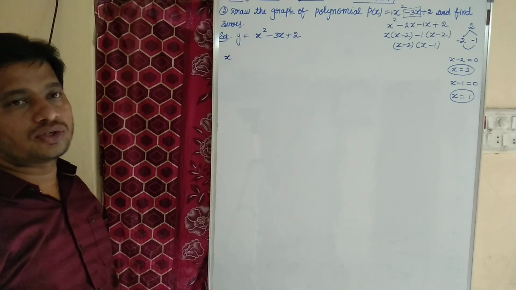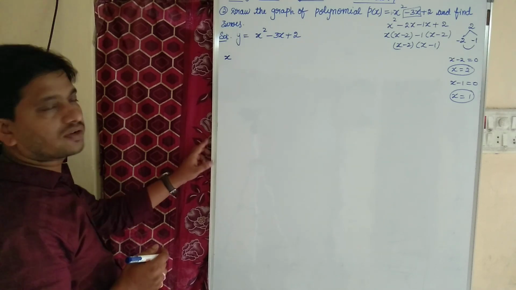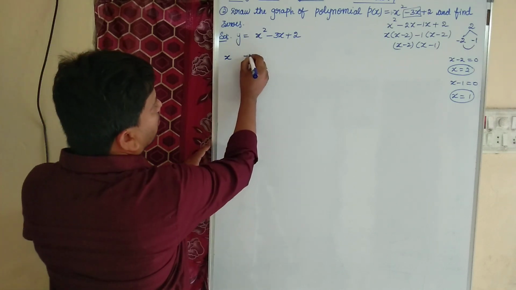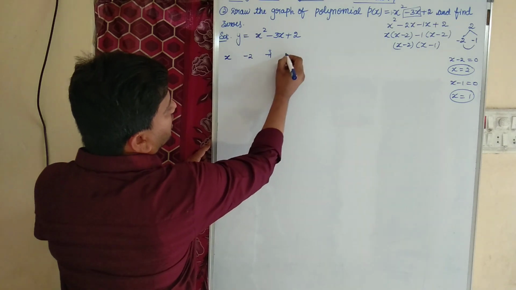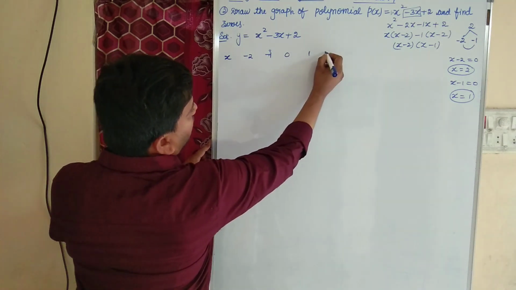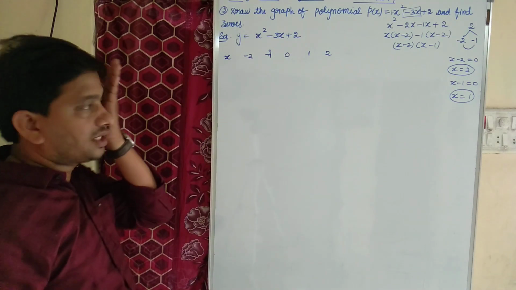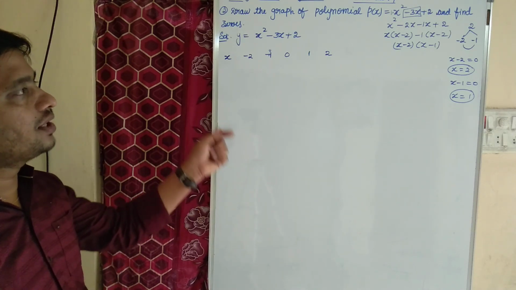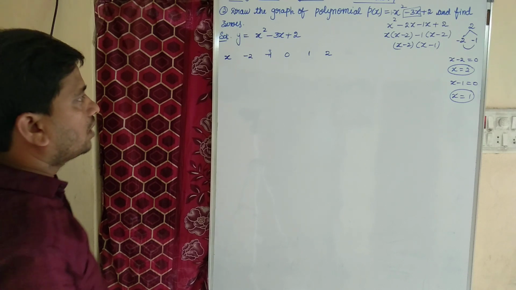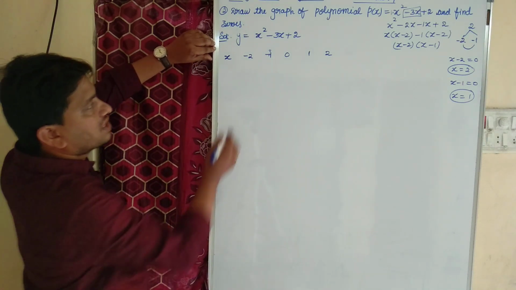Okay, children? So, let us take the values of x: minus 2, minus 1, 0, 1, 2. Now, what is given here?